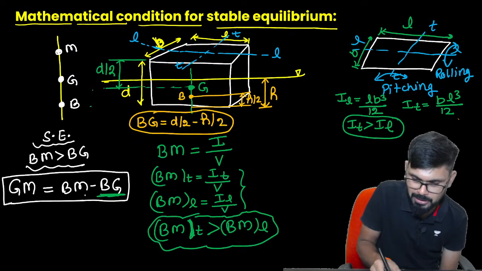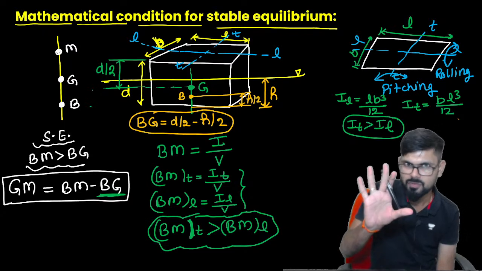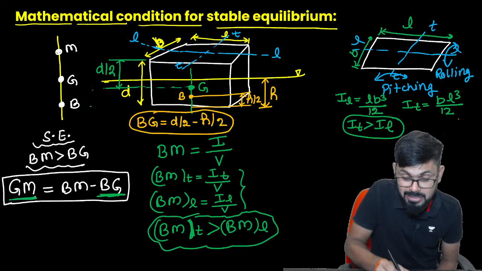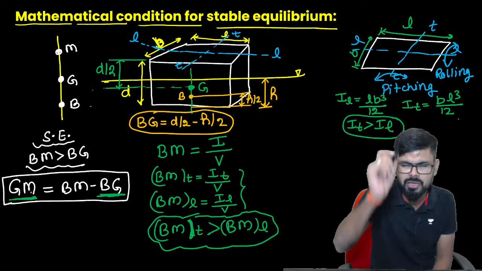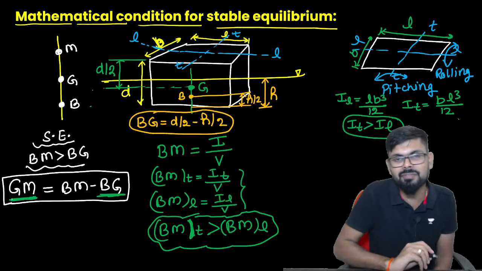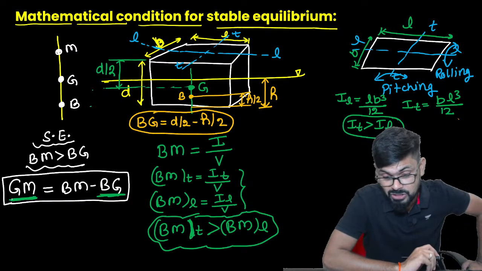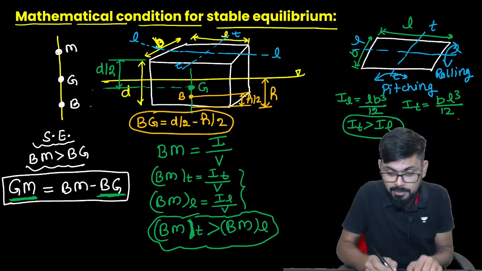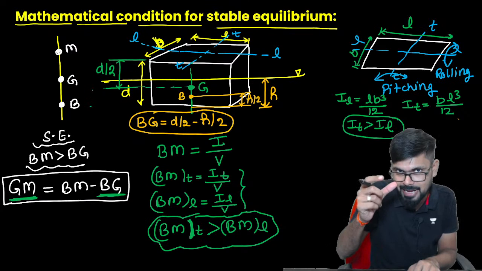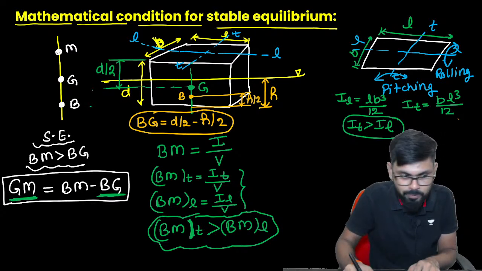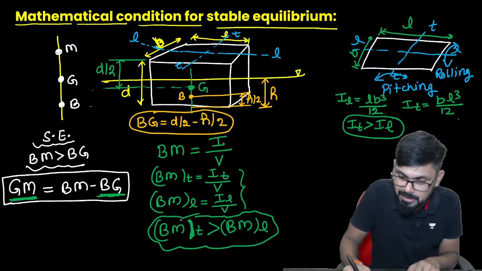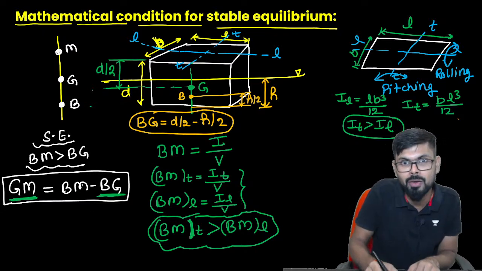Now if you want to calculate the GM value, BG is fixed for example. Now if you are calculating the value of GM, this point is very important. If you are taking the BM value in the transverse direction, TT, that is BMT, then what will happen? Then basically this GM value will be more.